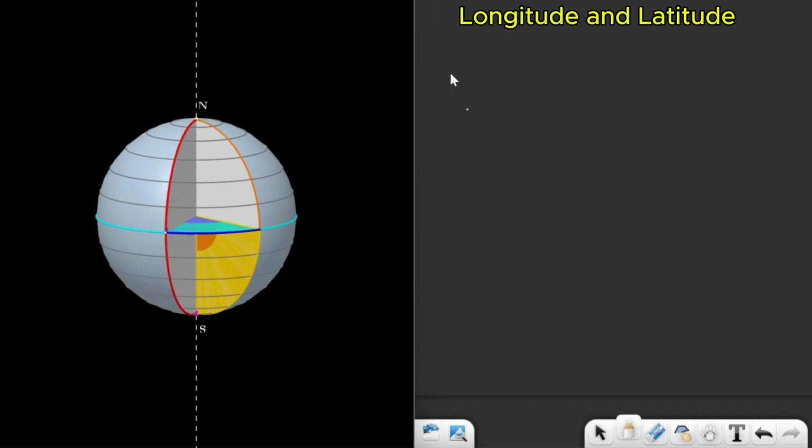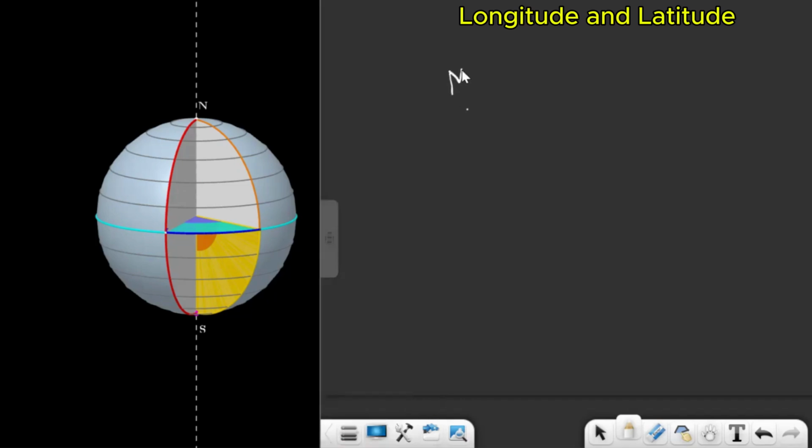We have point M, at 35 degrees south, 55 degrees west.